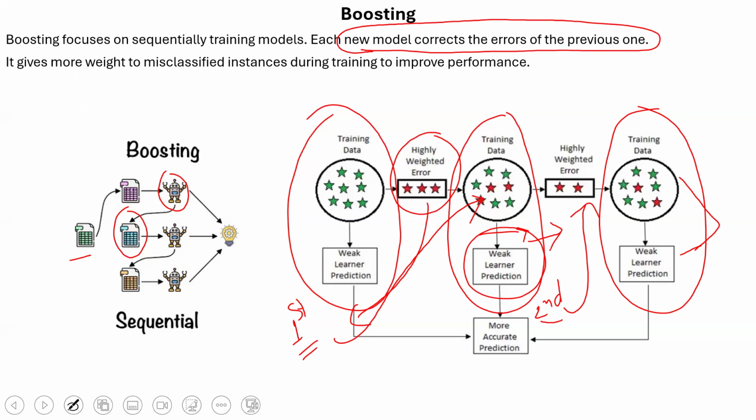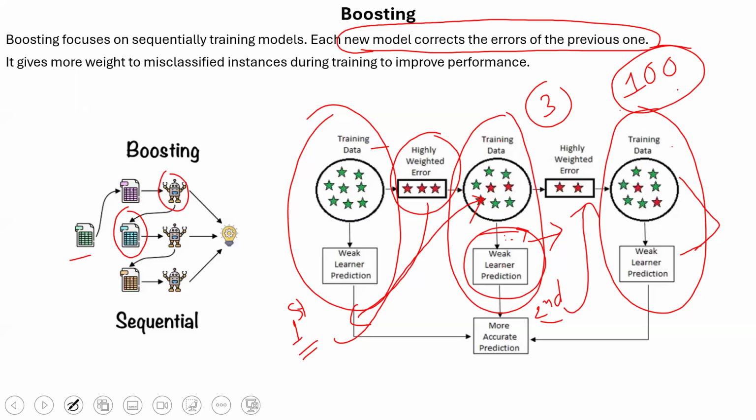Typically we will construct somewhere around 100 such models. Here you see three different models, one, two, three, and each model's main intention is to correct the errors made by the previous model.